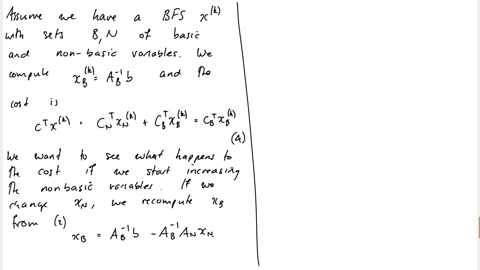Okay, so if my xn's are not 0, I can still solve for xb in terms of xn by just rearranging that formula number 2. I can do this because I know my matrix Ab is invertible, so that's fine. So the costs can be expressed in terms of xn as well.